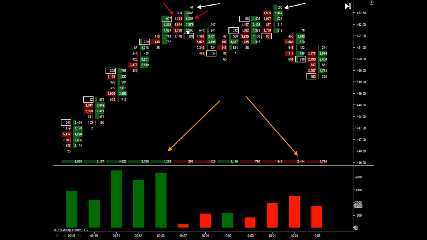Okay, now let's take a look at the white arrows. Okay, so we can see that we peaked up here and we just printed 44 contracts. There's no buyers there. Now it probably just slipped through momentarily. If we had absorption here on the offer side, what you'll find is sometimes there's absorption and they're rebuilding the ceilings and rebuilding the ceilings and rebuilding the ceilings.